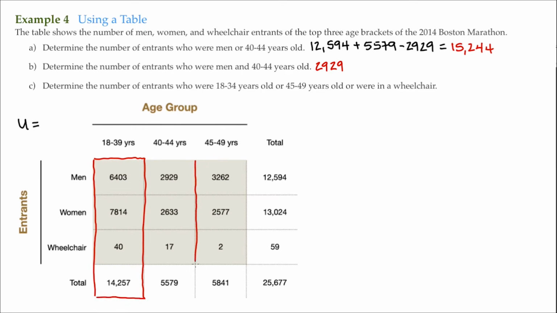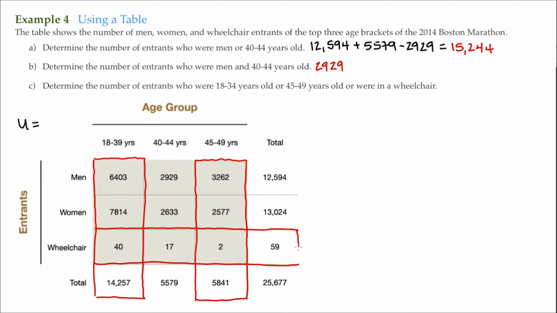Here's our 45 to 49-year-olds. There are 5,841. And here are the wheelchair entrants. And there were 59 of them. So if I wanted to know this one or this one or this one, I would go ahead and add them together.